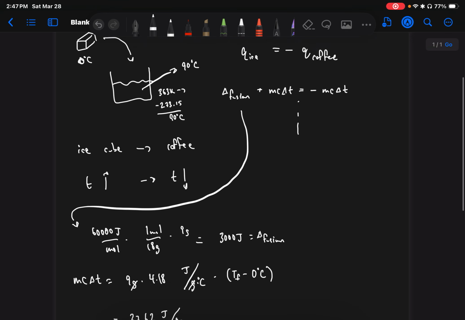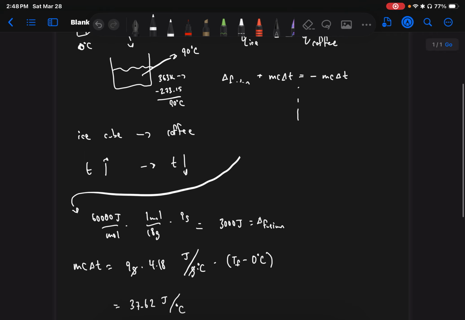Okay, so this part is just going to be 3,000 joules plus 37.62 joules per degree Celsius.